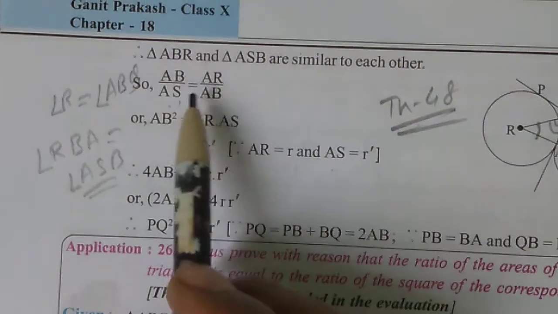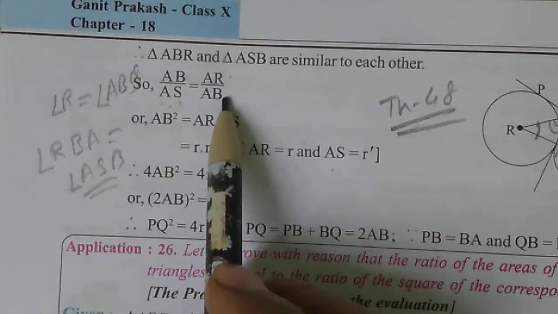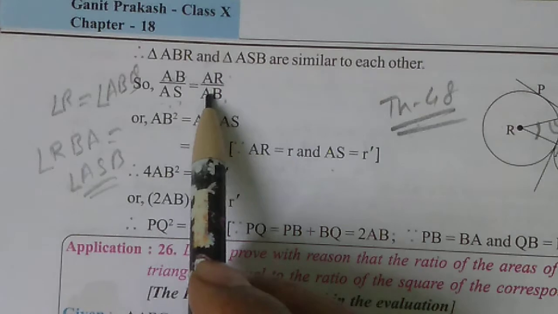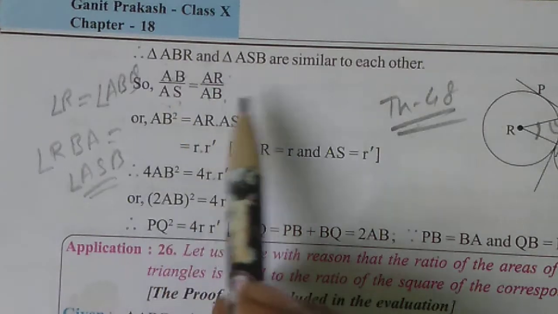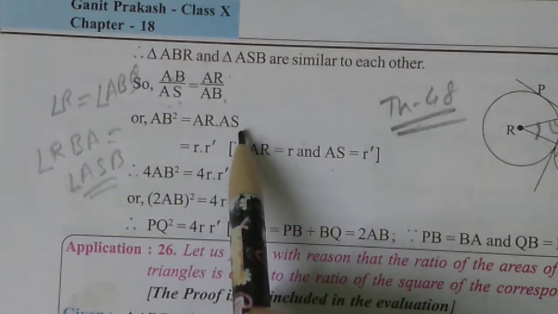Hence AB square, cross multiplying, equals AR into AS.